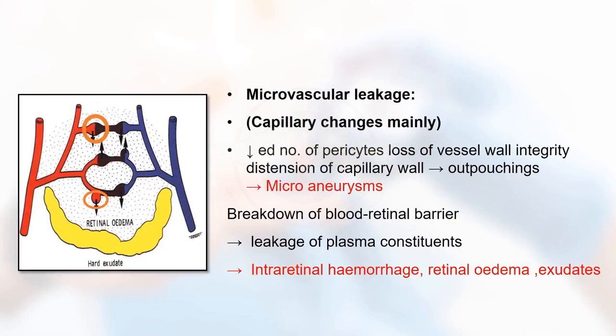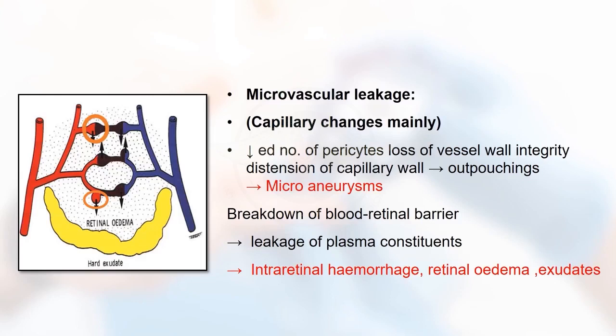And the microvascular leakage: because of the capillary changes, there is decreased number of pericytes, loss of vessel wall integrity, distension of capillary wall because the vessel wall becomes weak. Therefore, there is outpouching, and these are microaneurysms, the bulging, and the breakdown of blood retinal barrier, and the leakage of plasma constituents.